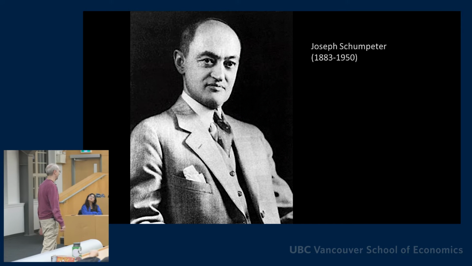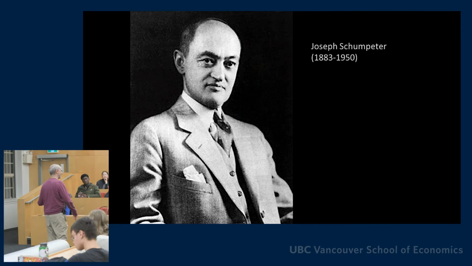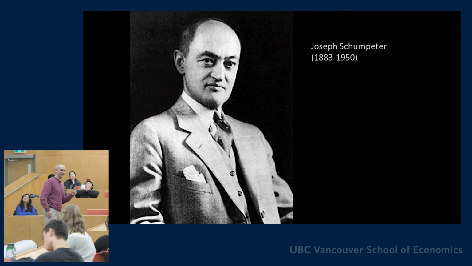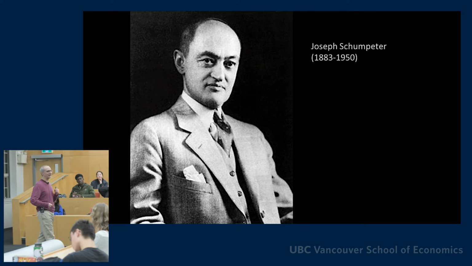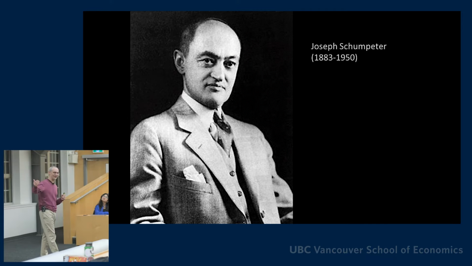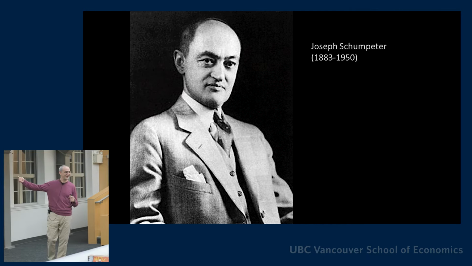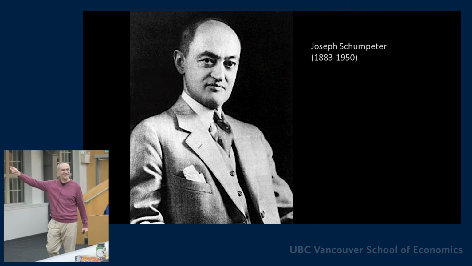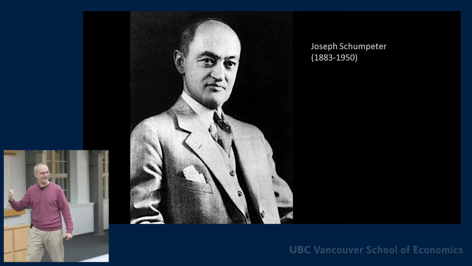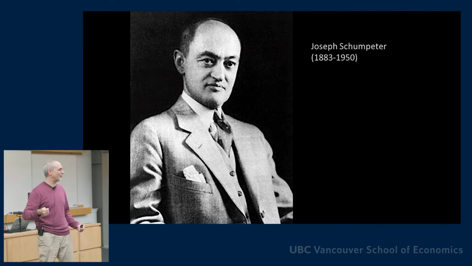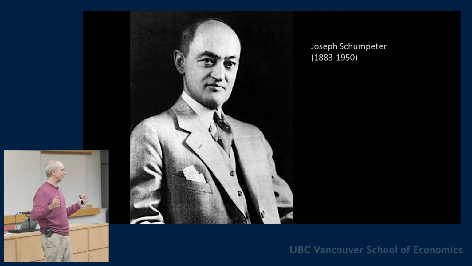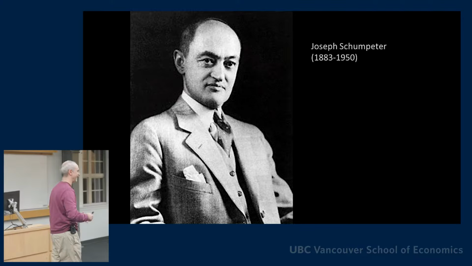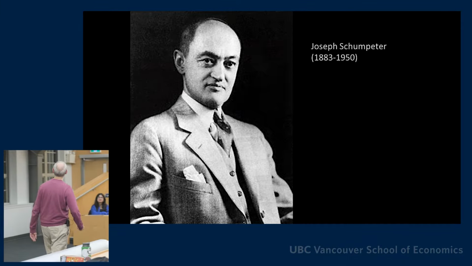And as I've told my first-year students, he was famous for stating that he had 3 goals in life. Who remembers those? To be the best lover in Vienna, the best horseman in Austria, and the best economist in the world. And famously said he had achieved 2 of them, and never specified which ones.